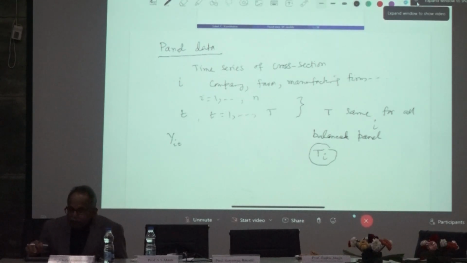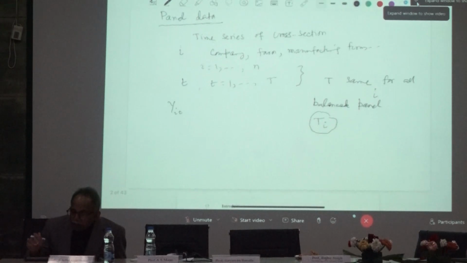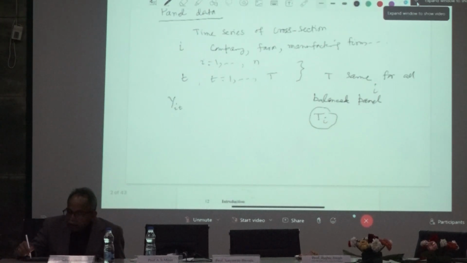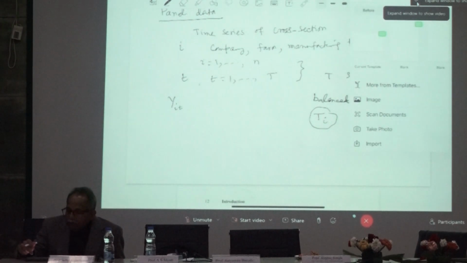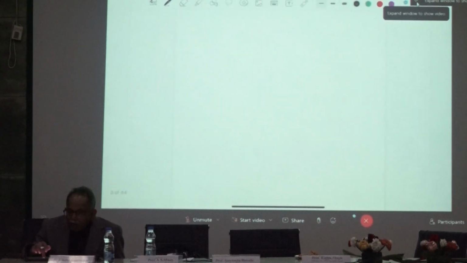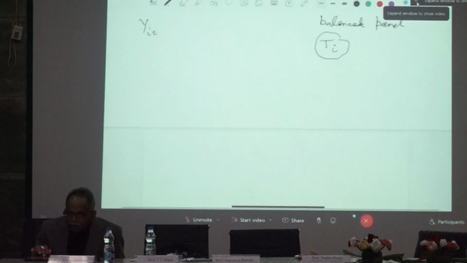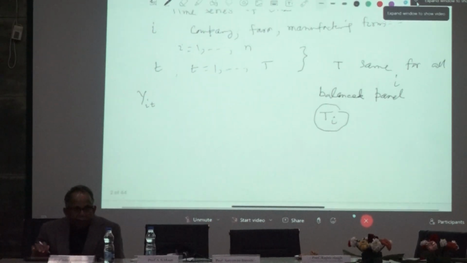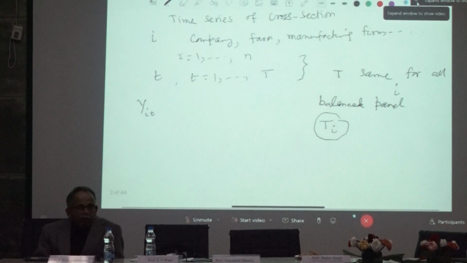Now, before getting to the stochastic frontier model using panel data, let me get to some other details about it. The first question is: what do you gain by having a panel? The first thing you see is that you have i and t. If i runs from 1 to n, and t runs from 1 to big T, what is the total number of observations?